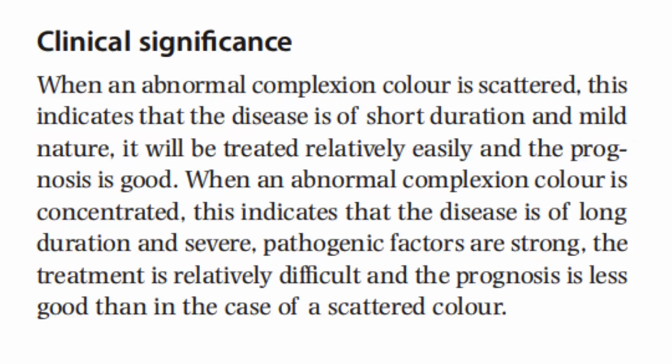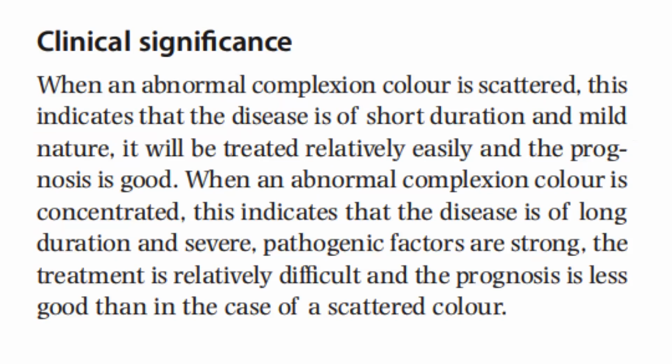Clinical significance. When an abnormal complexion color is scattered, this indicates that the disease is of short duration and mild nature. It will be treated relatively easily and the prognosis is good.